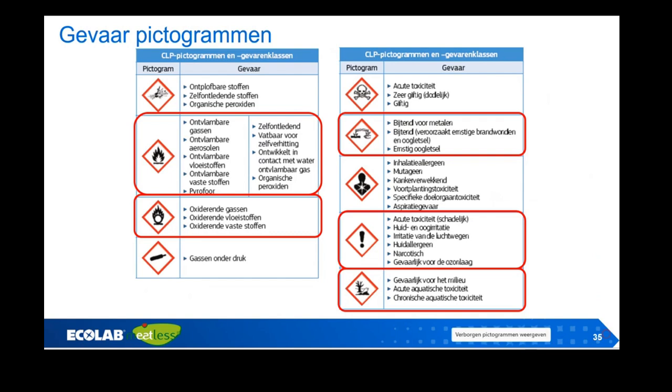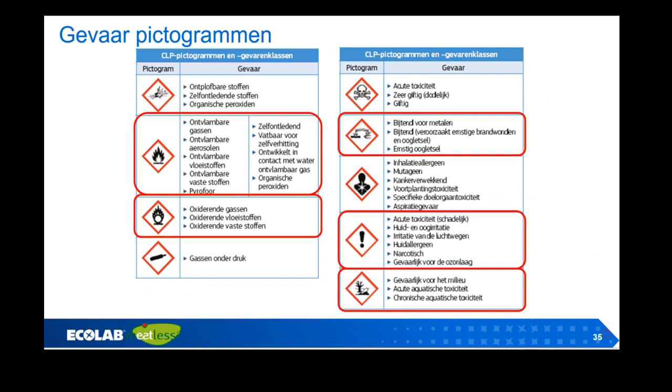Then you have the corrosive symbol, and that tells something about the product that is corrosive. It can really go into your bones. So it's really aggressive. Then you have the exclamation mark, and it tells something about the product being irritating.